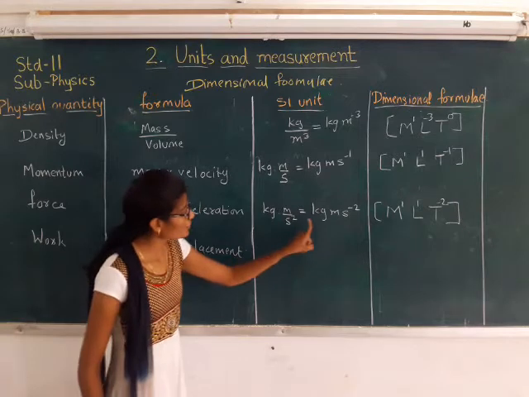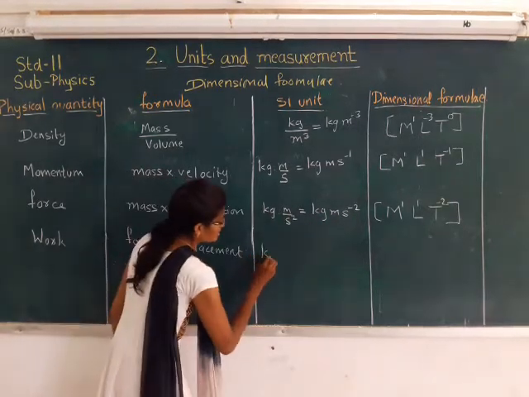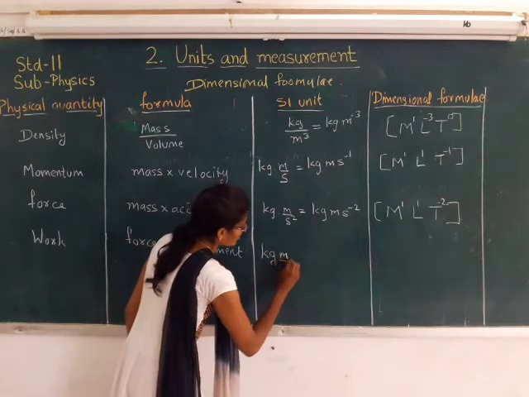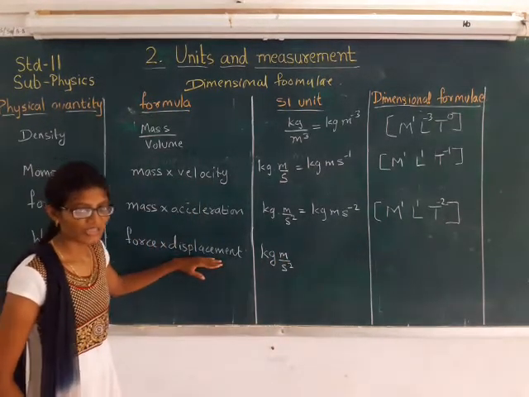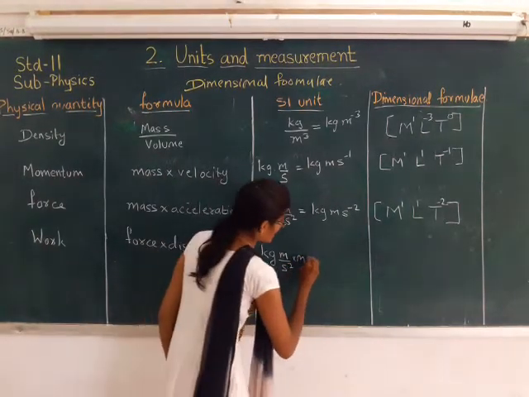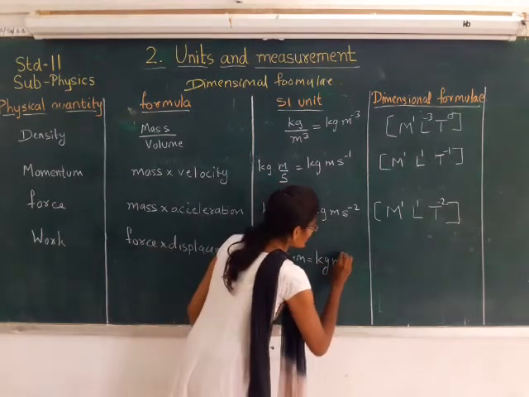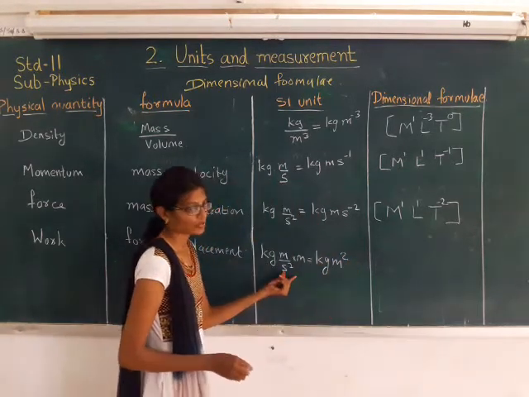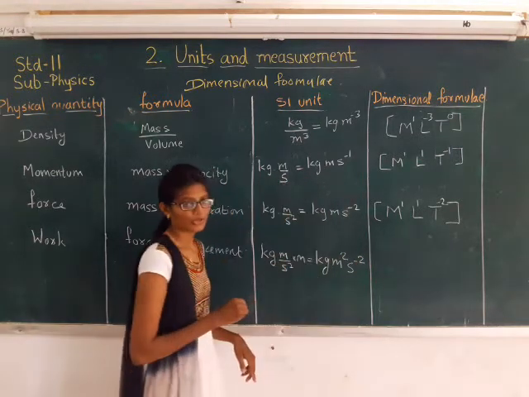Unit of force is kg meter per second square, that is kg m s to the power minus 2, and displacement, its unit is meter. So I can write kg. Here meter into meter, that is meter square. Taking the second square in numerator, it can be written as s raised to minus 2.